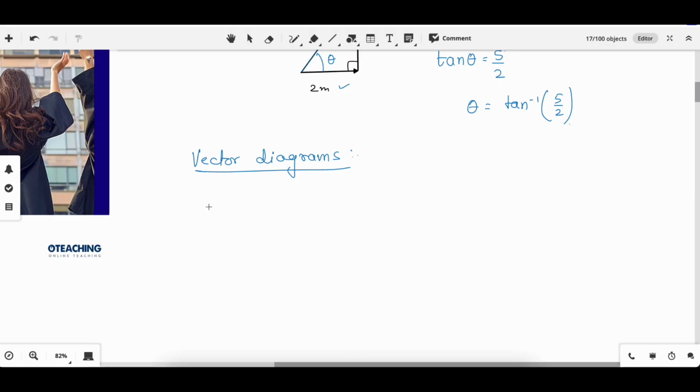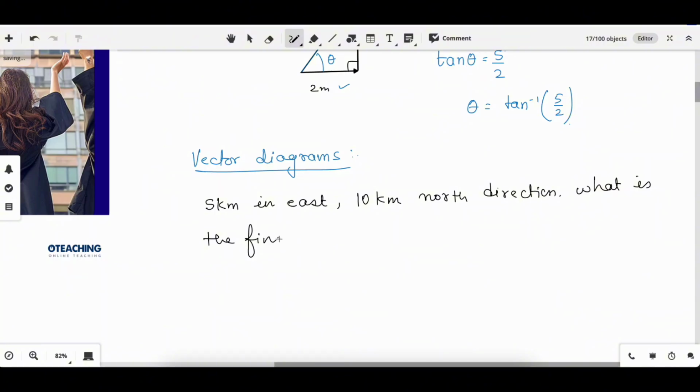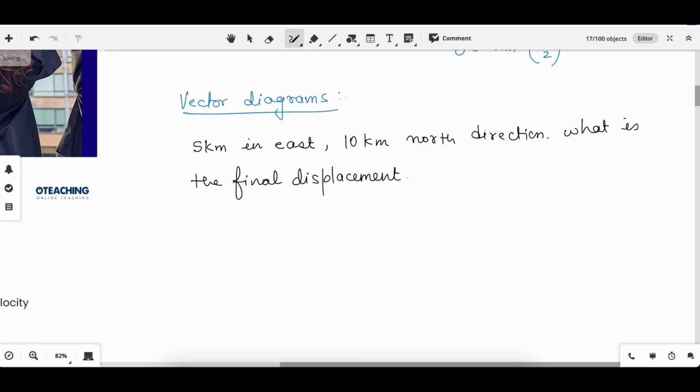Suppose a car moves 5 kilometers in the east direction and then takes a turn and then 10 kilometers in, sorry, it's 10 kilometers in the north direction. What is the final displacement?